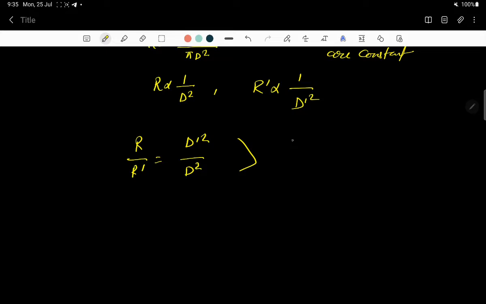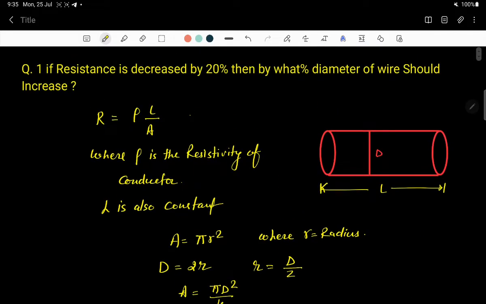We are assuming that R is our initial resistance, so all we have to find is R dash. In the question it is already given that the final value of resistance is 20% less than the initial value of the resistance.